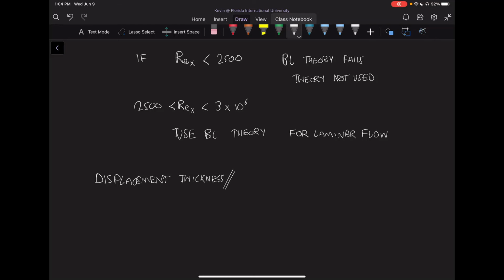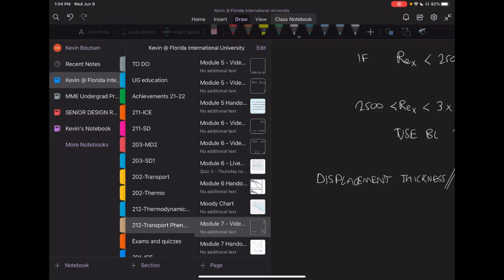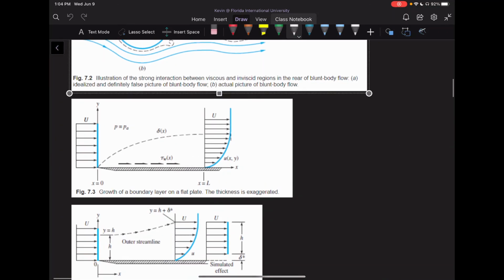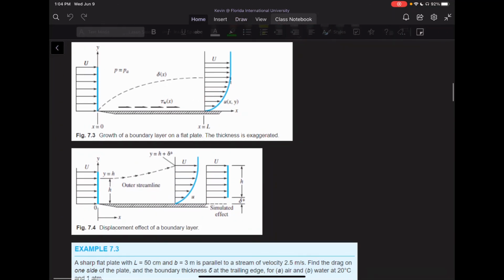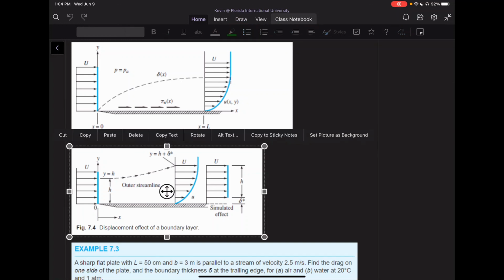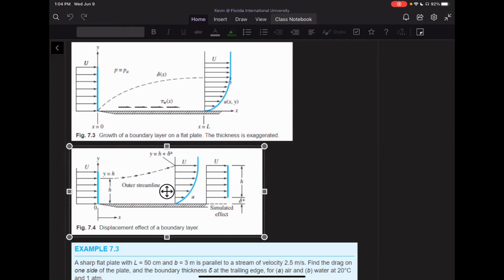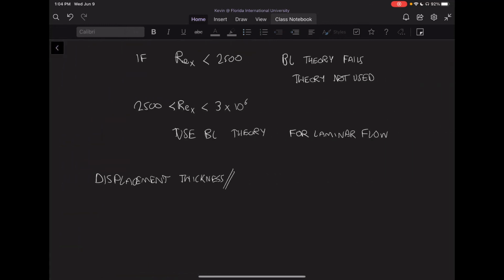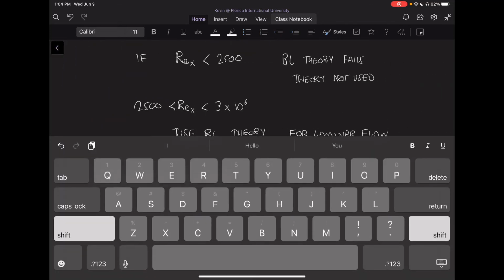And this is sort of a shortcut that we can use to define what is happening if we do some shortcut analysis. So some scientists realized that, I'm going to copy over a handout picture, but some scientists realized that we could actually do something very interesting with our displacement thickness.